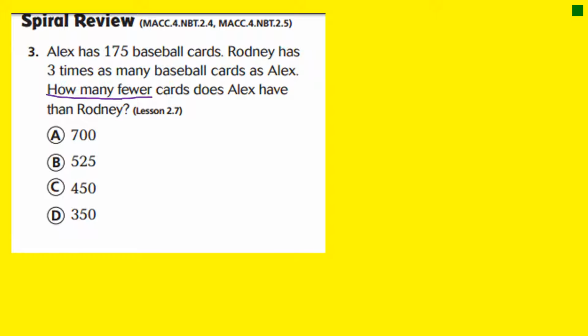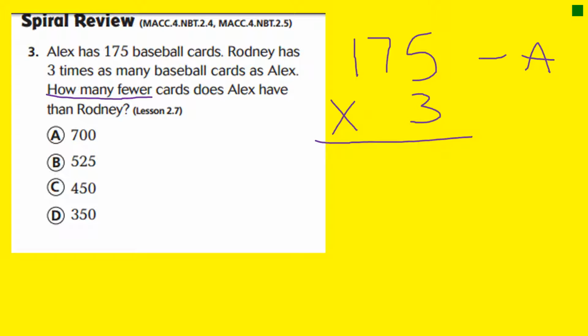All right, so let's go back to the beginning. I have to reread, of course. Alex has 175 baseball cards. Rodney has 3 times as many as Alex. Oh my goodness. 175, that's Alex. And then Rodney has 3 times more.